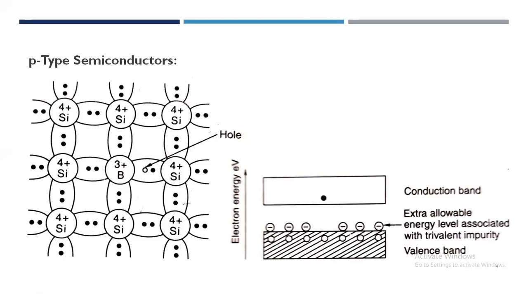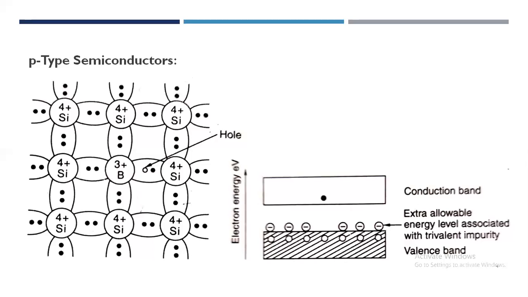Although there is a natural tendency for each atom in the crystalline structure to form 4 covalent bonds, the trivalent boron atom is short of 1 electron, since boron has 3 electrons in its outer orbit.